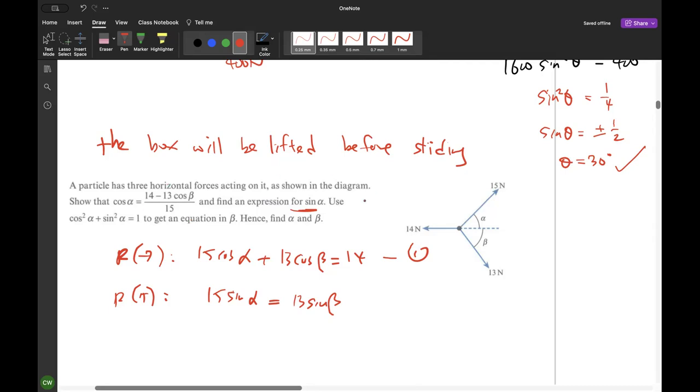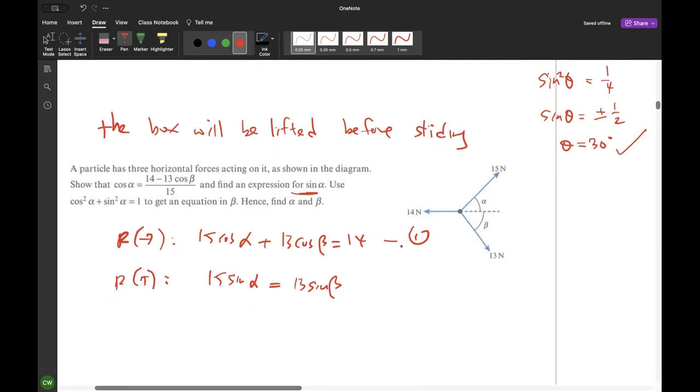Show this. How to show? We can eliminate these two.